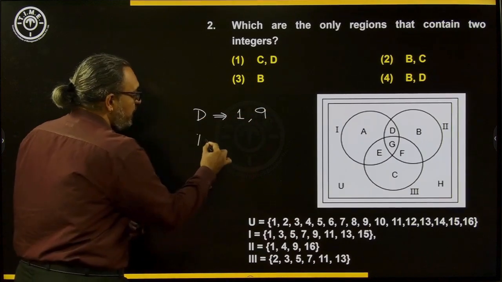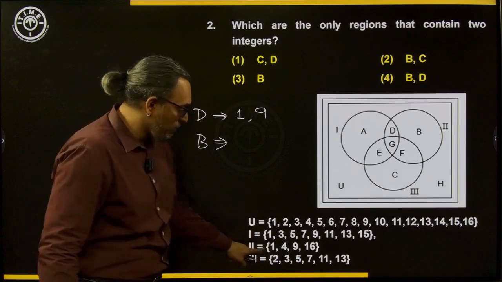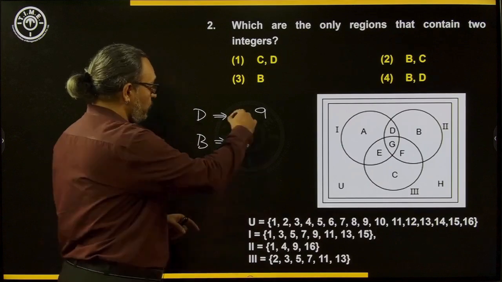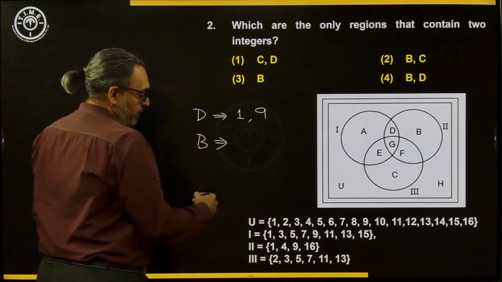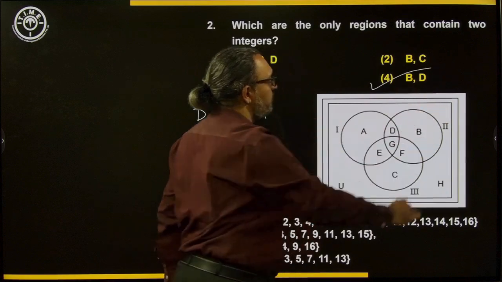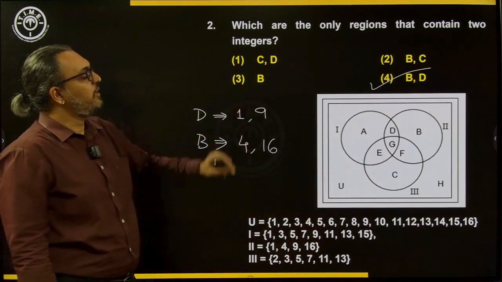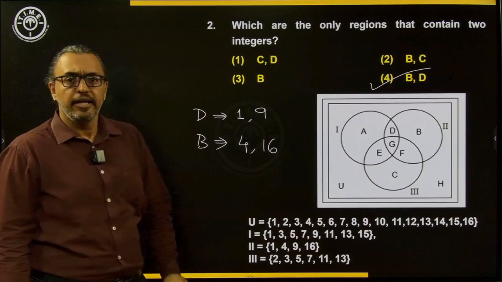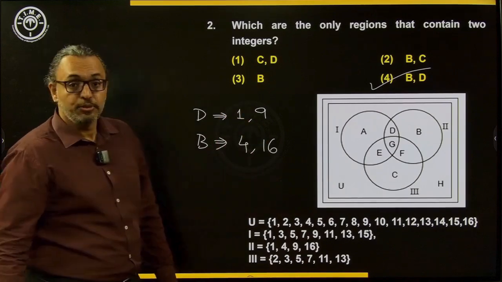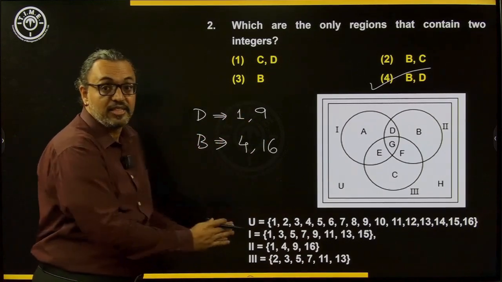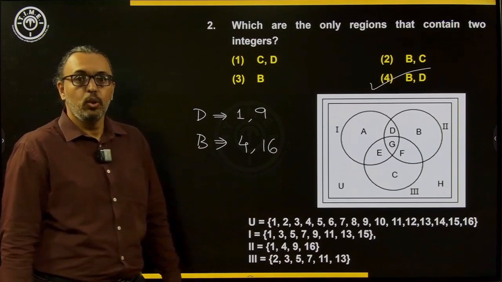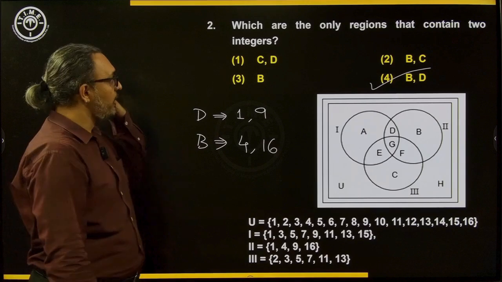That means B will have the remaining numbers from 2, because circle 2 has only 4 numbers, 1, 4, 9, 16. If 1 and 9 are in D, then the remaining 4 and 16 will be in B. Then I get my answer, the 4th option. Both B and D contain only 2 integers. So always target according to the options given, and also target according to which set has the least numbers. That way you can get your answer quickly. Understood?